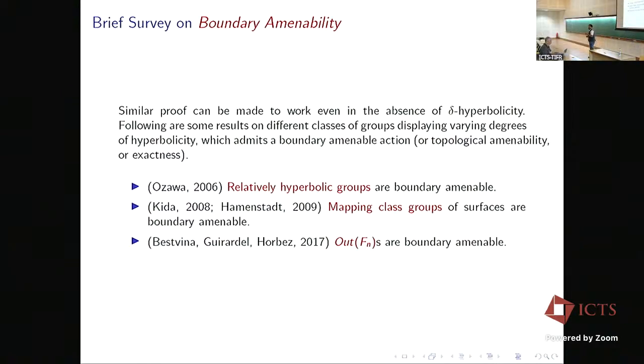And there are examples of groups which are not topologically amenable. We mentioned that topological amenability is equivalent to the reduced C*-algebra being exact.